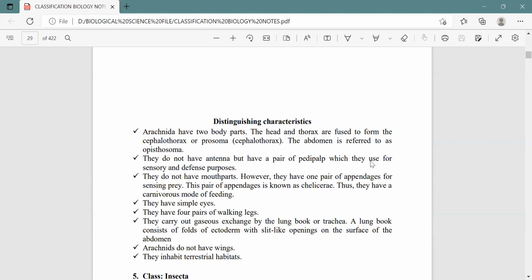How can you compare and contrast the features of class Arachnida with those of class Crustacea? That is the kind of pattern that you should look for as you go through this.